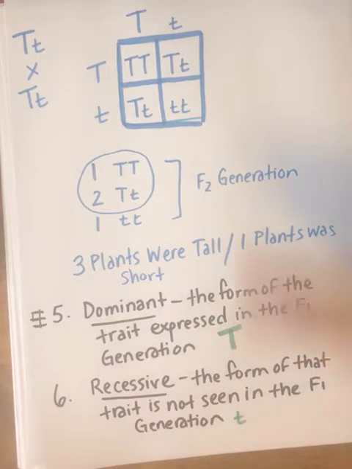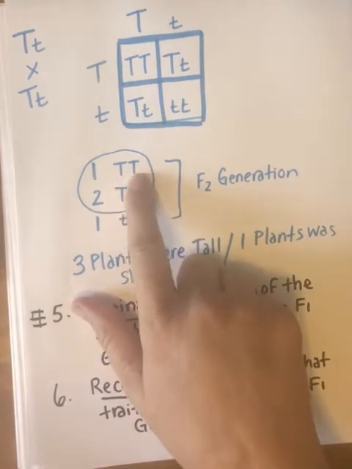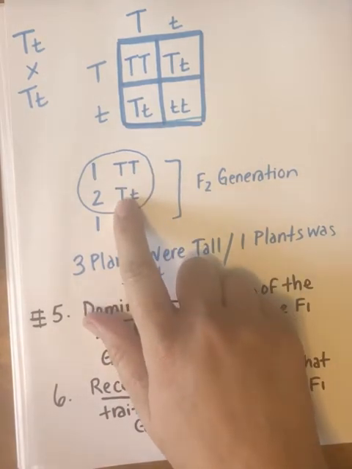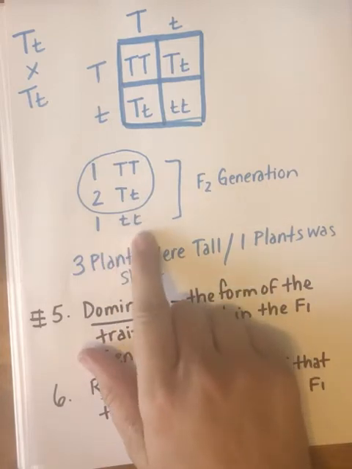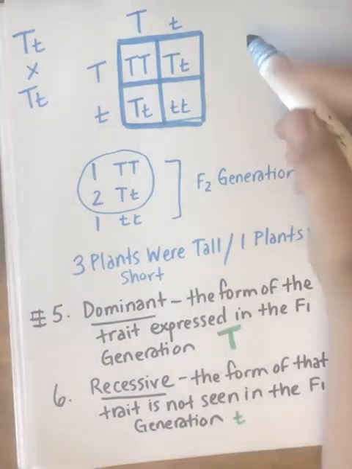So going back to our F2 generation, our F2 generation exhibited both forms. It had tall and short. So we had 3 plants that were tall because these are dominant forms, and we had 1 that is short. So when we talk about the dominant recessive ratio, we would say this is a 3-to-1 ratio.